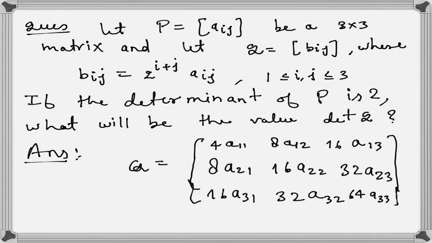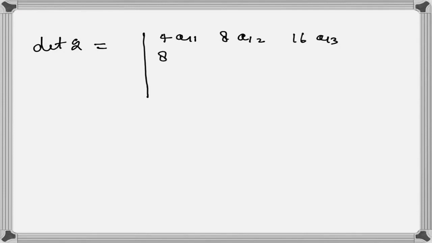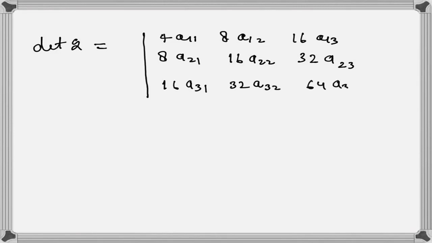Okay, right. So let's find the determinant Q. Determinant Q is equal to 4a11, 8a12, 16a13, 8a21, 16a22, 32a23, 16a31, 32a32, 64a33.